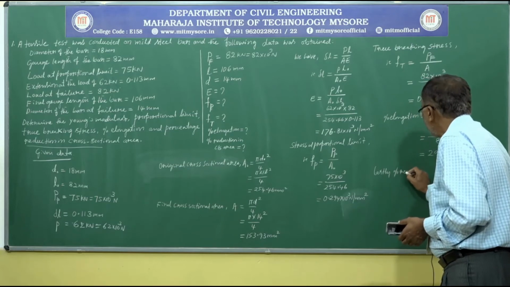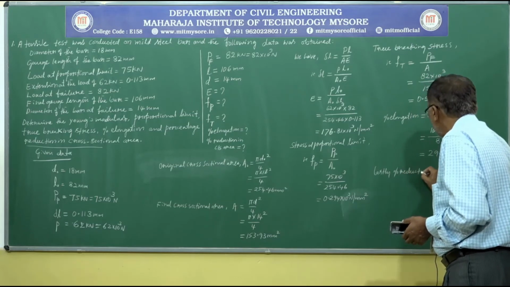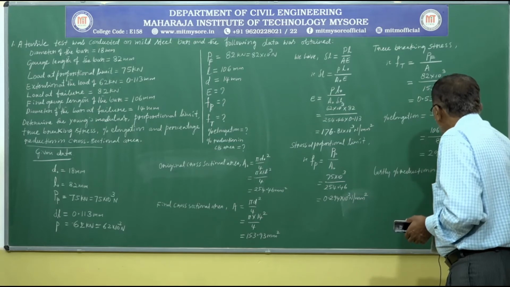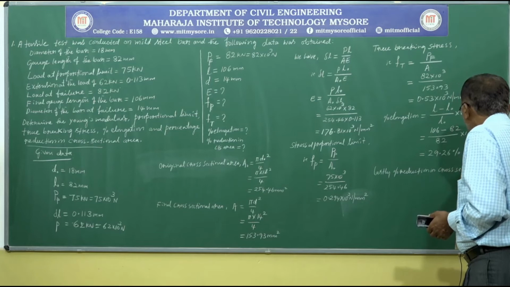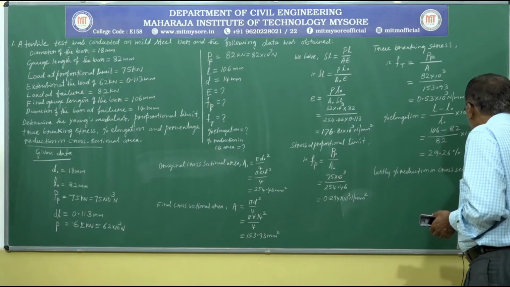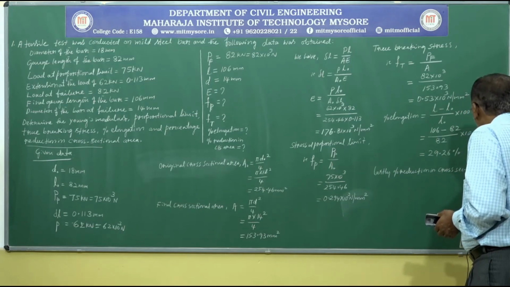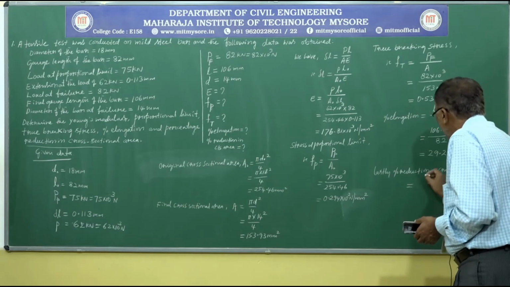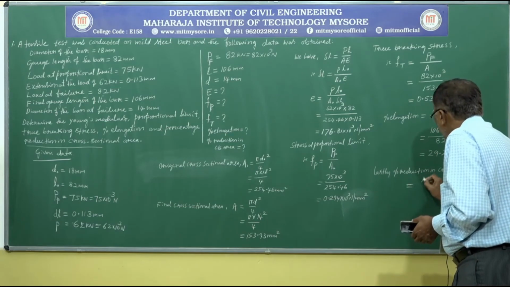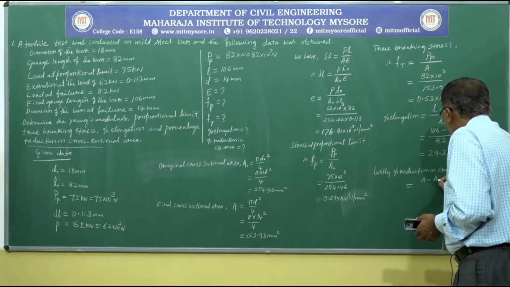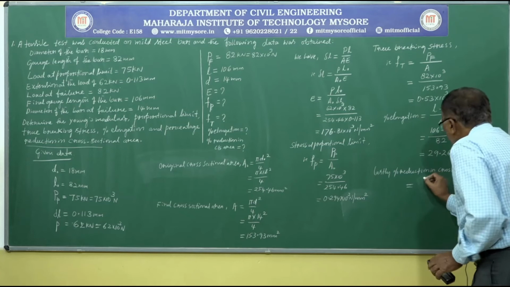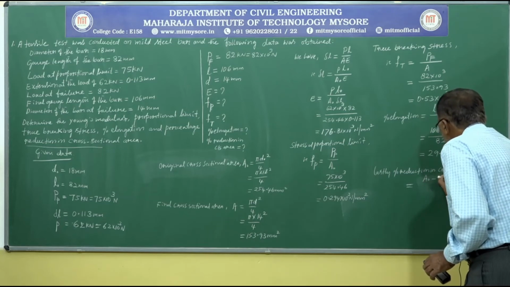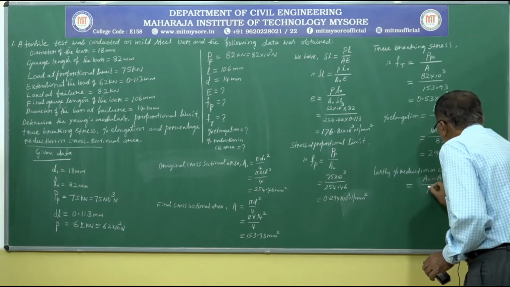Lastly, percentage reduction in cross-sectional area is equal to (A naught minus A) divided by A naught.